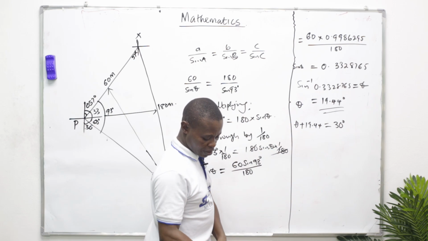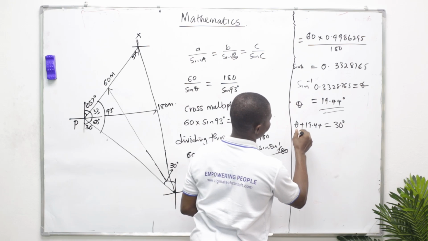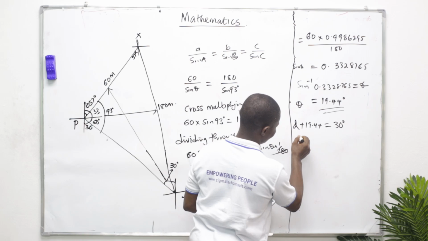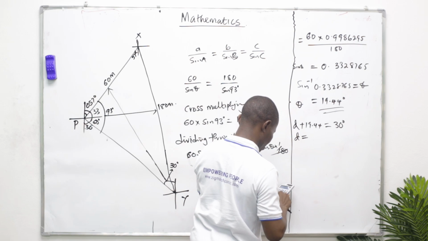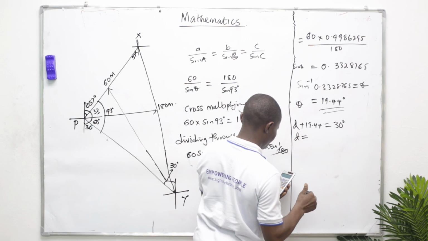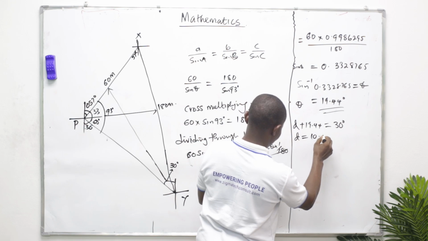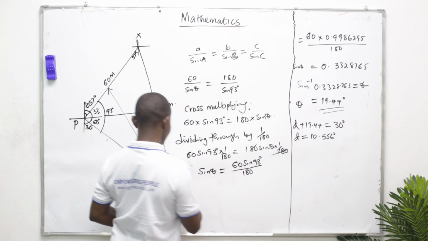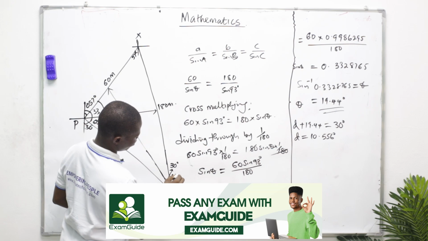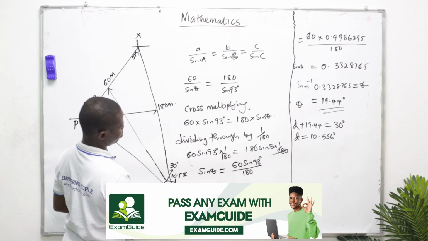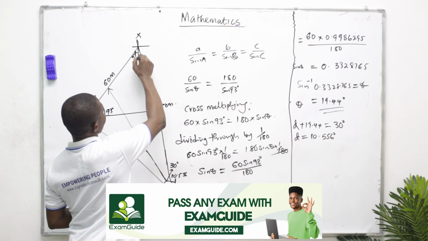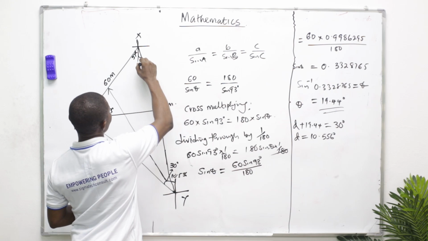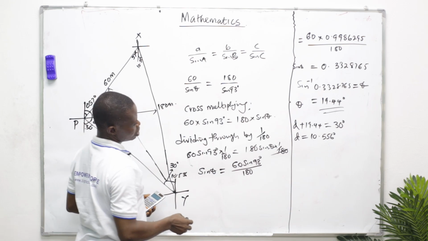So having 30 degrees, the main angle, I can just say alpha equals 30 minus this, 10.556 degrees. So the real value here is 10.556 degrees. By alternate angles, it will enter here. By alternate angles, that is 10.56 degrees. Good.